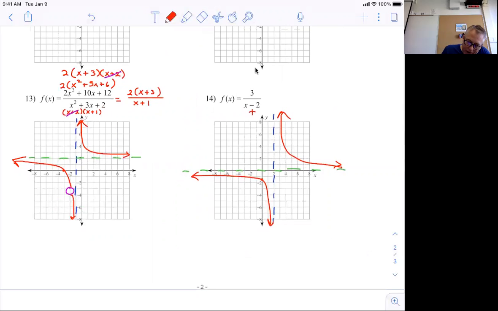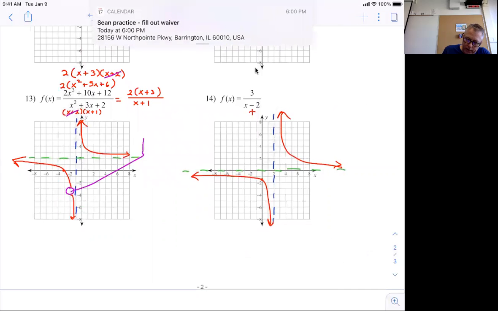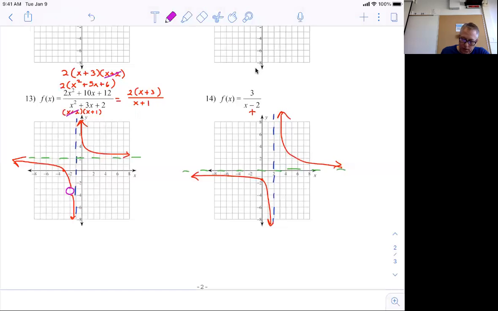Now to find the exact y value of that hole, we know that x is -2. What we could do is take -2 and plug it into the remaining stuff for x.